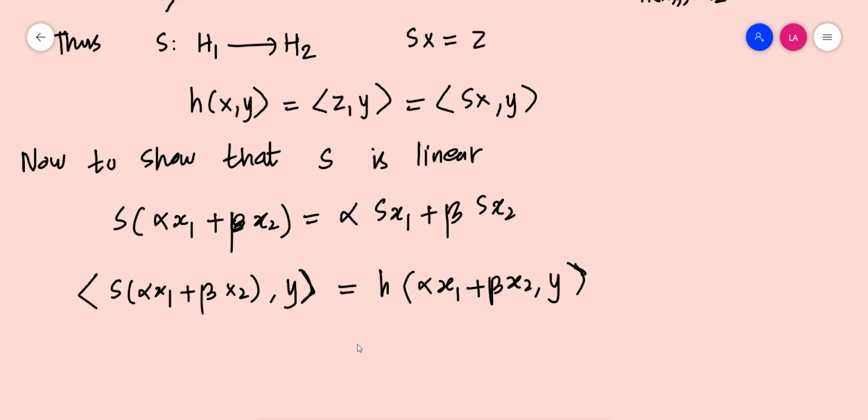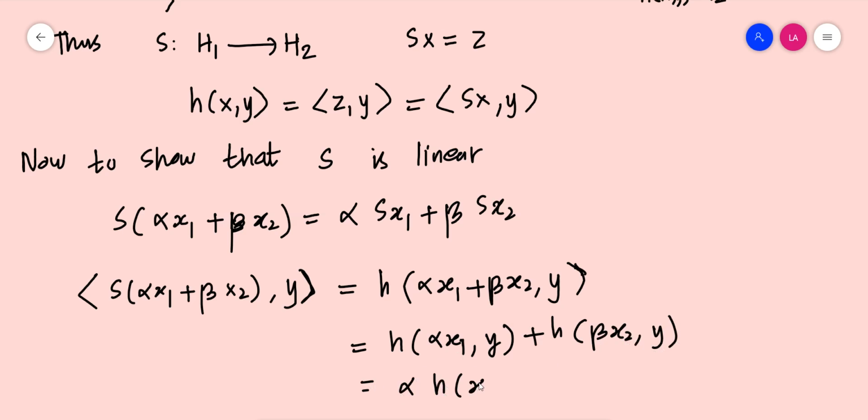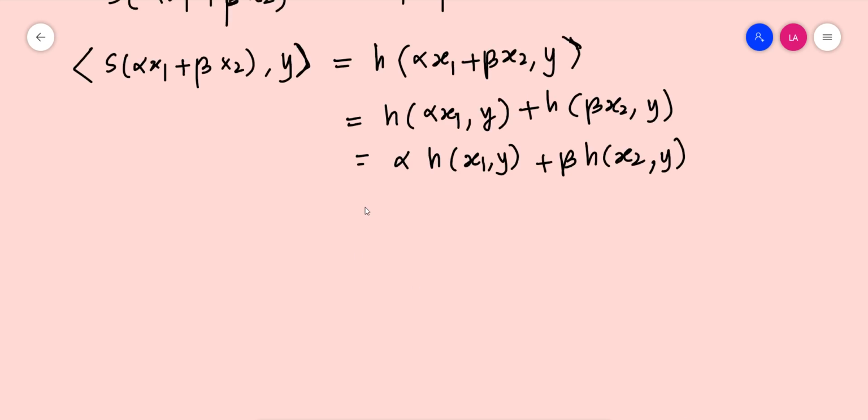Since h is a sesquilinear form, it is linear with respect to the first component. So this is h of alpha x1, y plus h of beta x2, y. So this should be equal to alpha times h of x1, y plus beta times h of x2, y. Which by definition, h of x1, y is inner product Sx1, y.